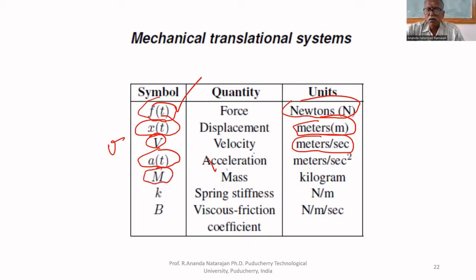Then mass, in kilogram. And the spring stiffness constant K, in Newton per meter. Then the dashpot coefficient or viscous friction coefficient, called B, whose unit is Newton per meter per second. This is to review the variables and constants in the mechanical system.